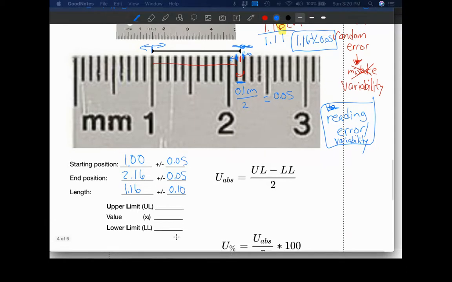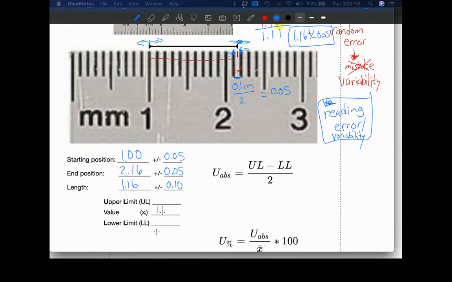Now, this means that our value of 1.16 could be as large as, in truth, 1.26, and as small as 1.06. So because we are judging both ends, the uncertainty in this case is two times the reading error.